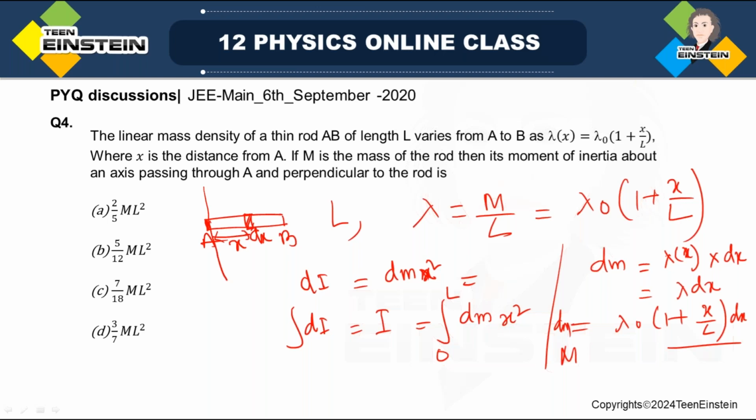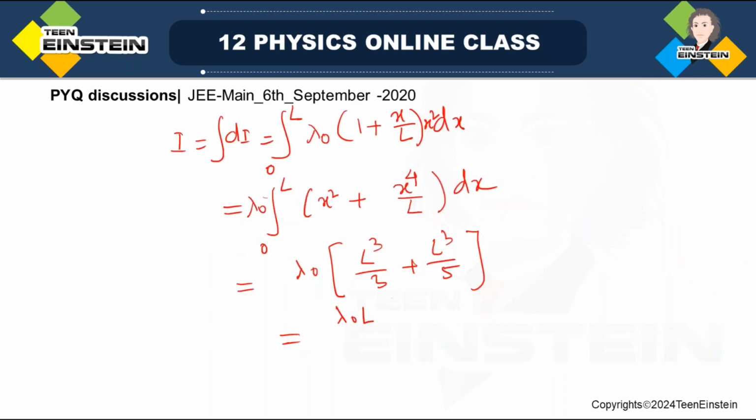Let me cross check once again. So this is x by L, this is fine, this is also all right.